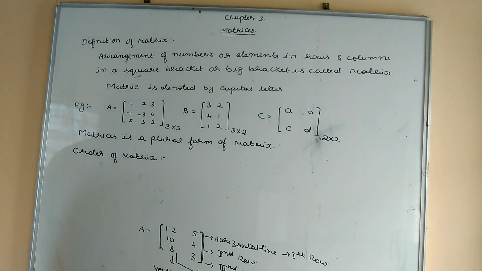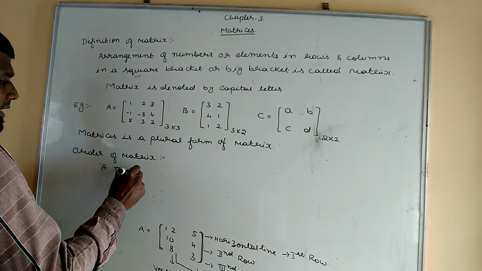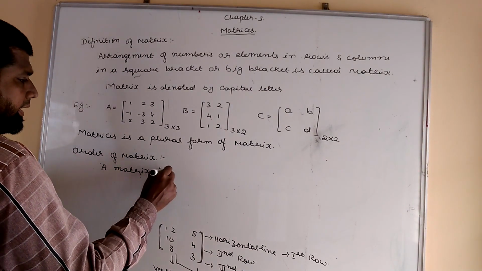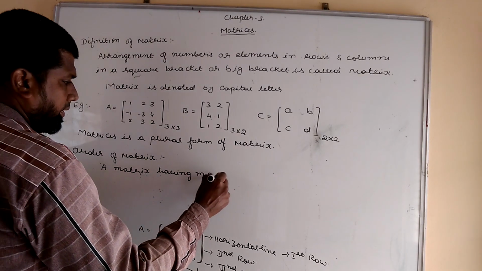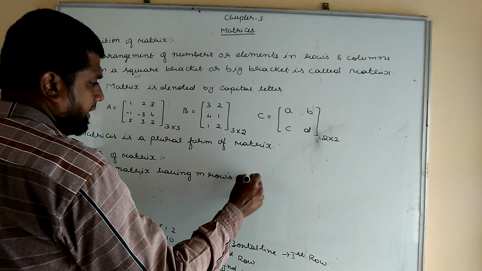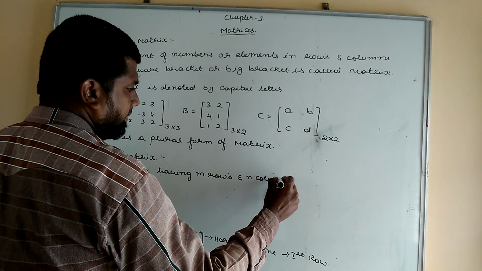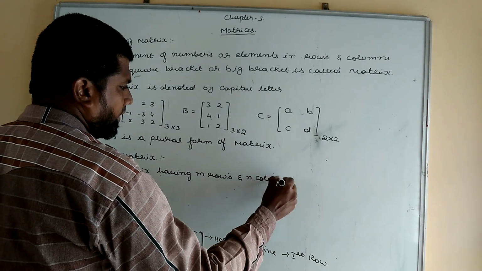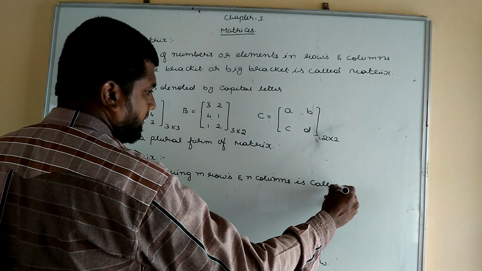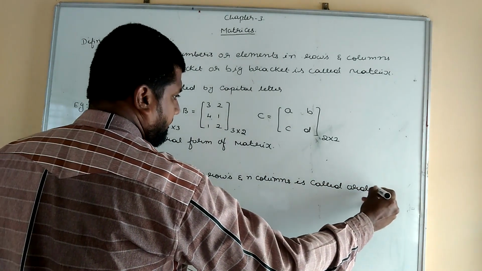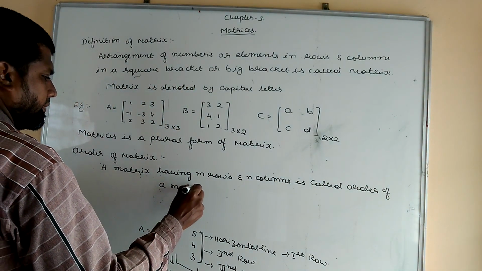Order of the matrix. A matrix having m rows and n columns is called order of a matrix.